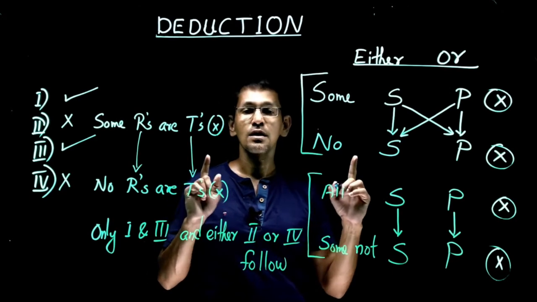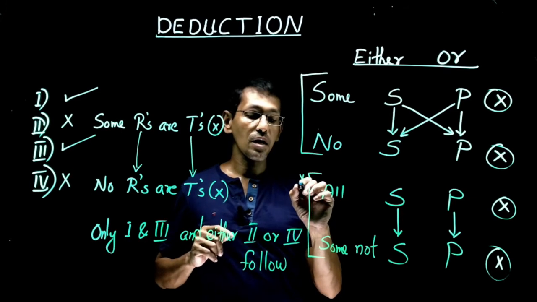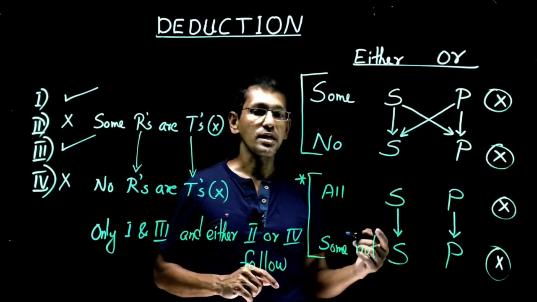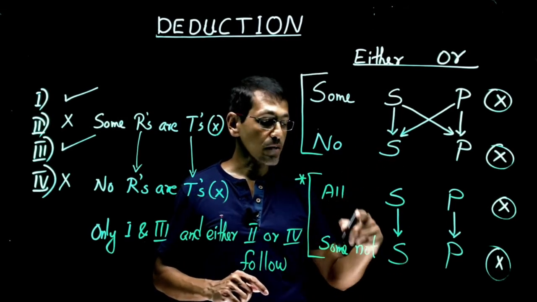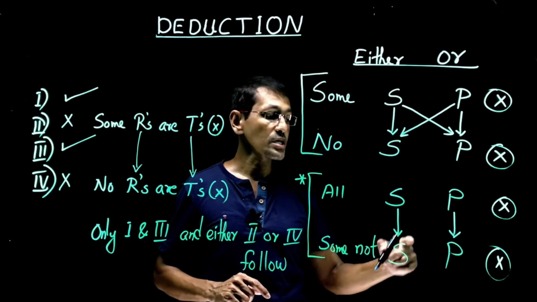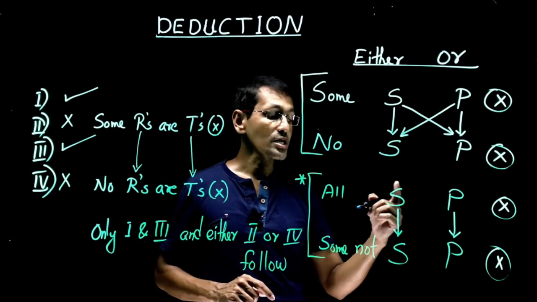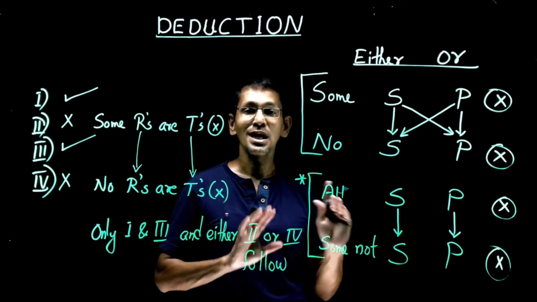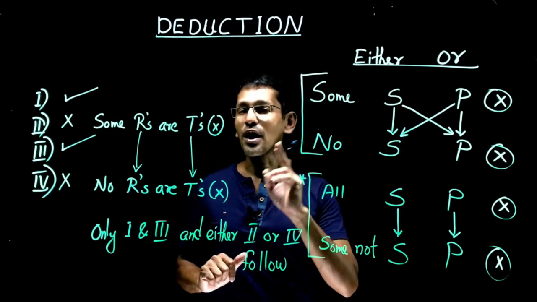That is the condition. Always remember one thing, put a star mark on the second pair. There is a peculiarity. In the all and some not case, subject must be subject and predicate must be predicate. If subject is predicate and predicate is subject for all and some not, then that is not the either or pair. Hope you got it.